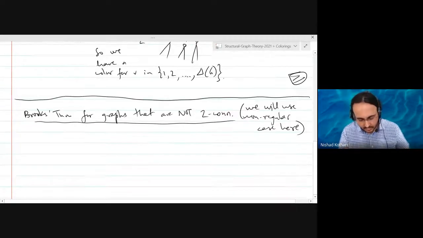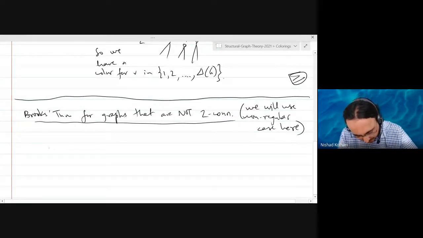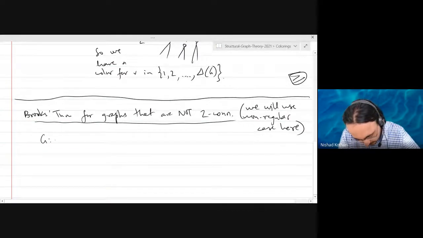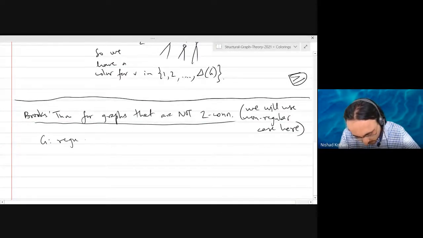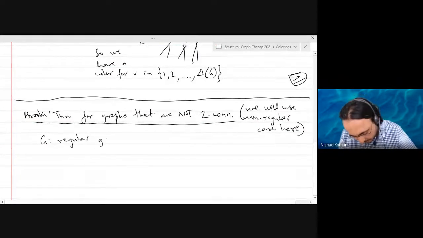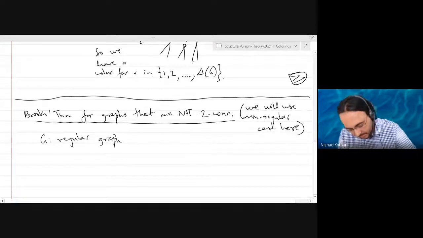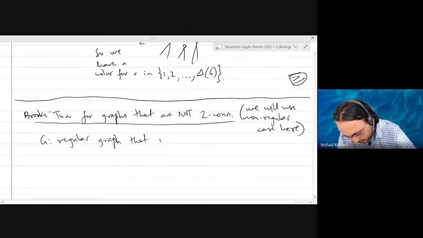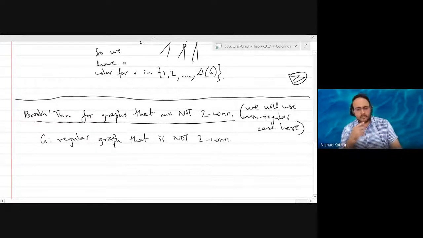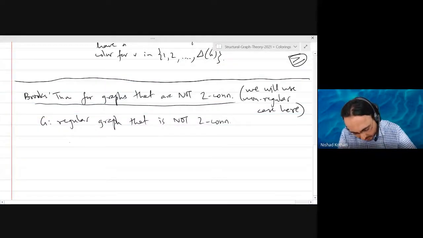Okay. So let's suppose we have a graph G. Because we have already done non-regular graphs, let me consider a regular graph that is not 2-connected. So what does that mean? It means it has a cut vertex.